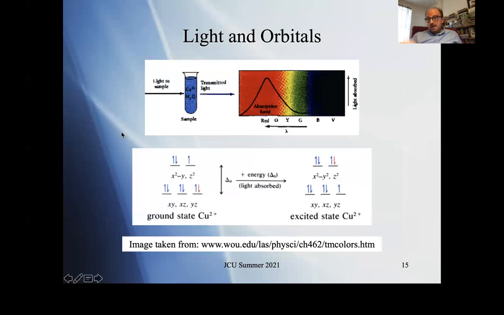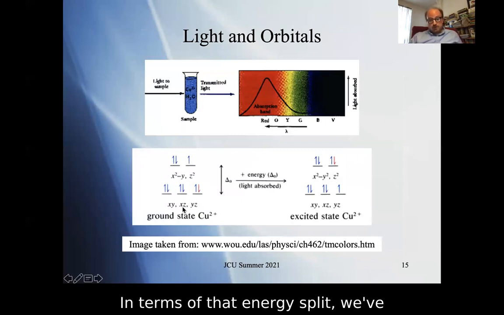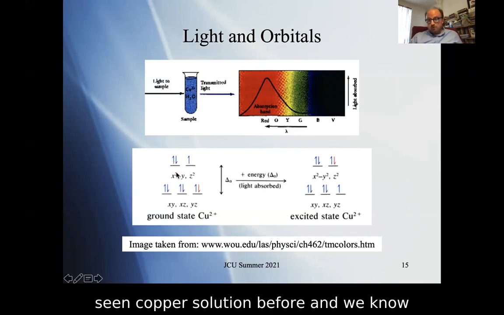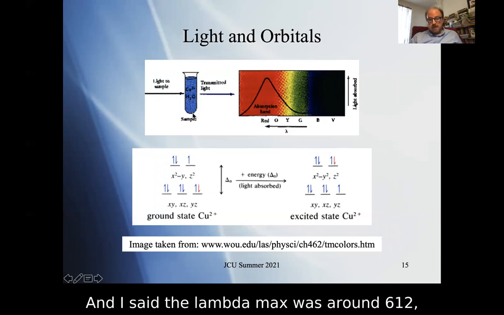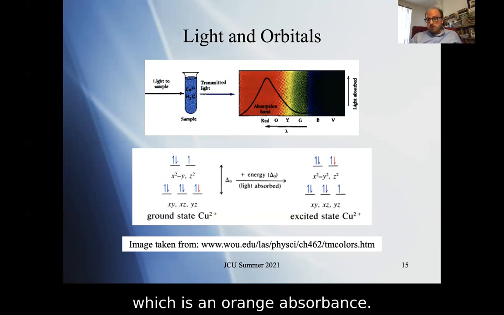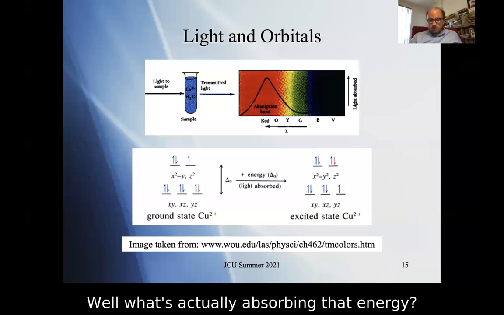All right, now again, in terms of that energy split, we've seen copper solution before, and we know that it was a blue solution. I said the lambda max was around 612, which is an orange absorbance. Well, what's actually absorbing that energy?